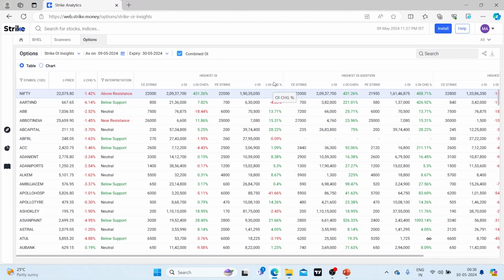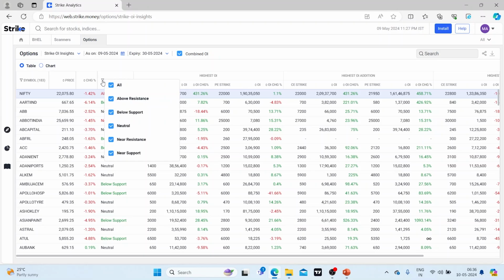The second is the interpretation. In this interpretation column, there are five basic criteria: above resistance, below support, neutral, near resistance, near support. So the concept is the same, that the price which is within the range created by the highest open interest strikes is either neutral, near resistance or near support.